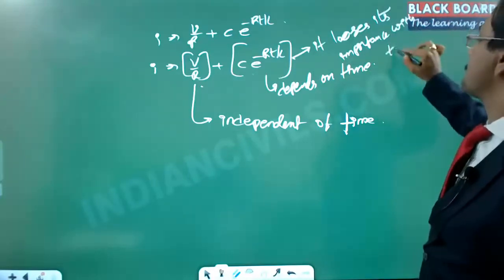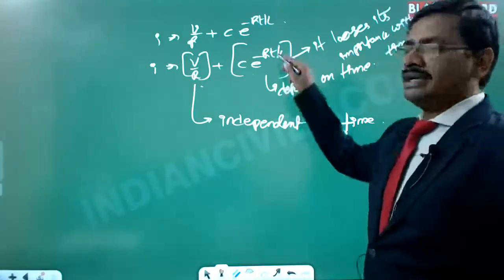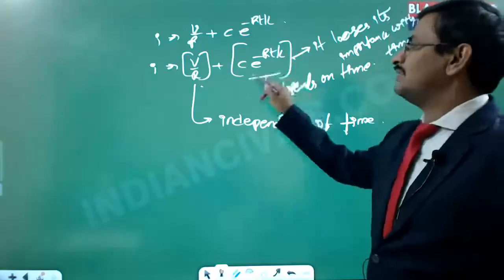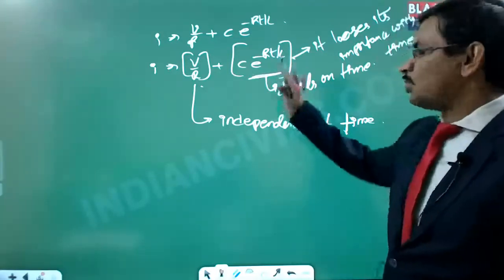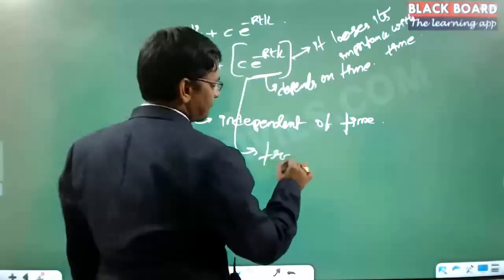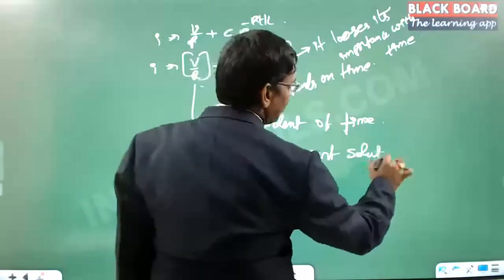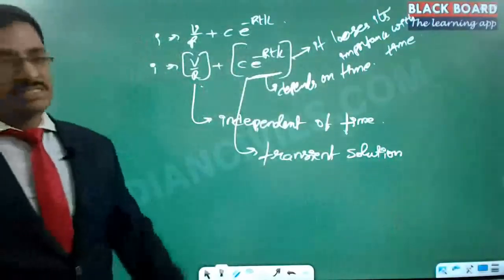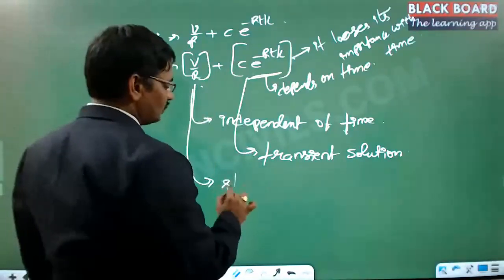As time keeps increasing, it loses its importance, because when t increases, e power minus infinity becomes 0. So this portion will be completely eliminated after a certain amount of time. This portion of the solution is called the transient solution, which depends on time and loses its importance over time, and the other is the steady state solution.